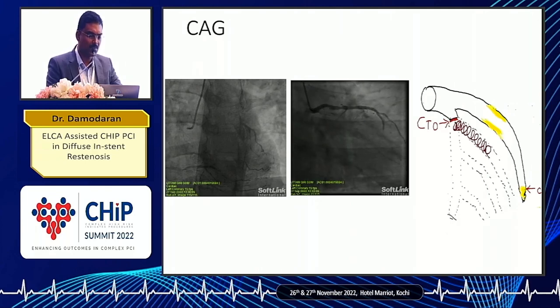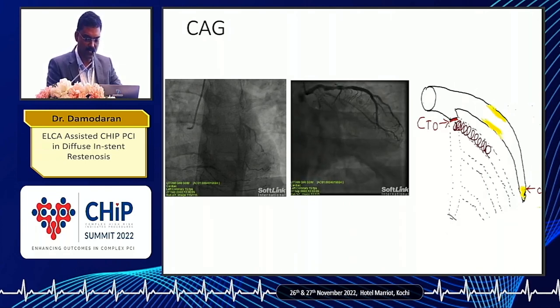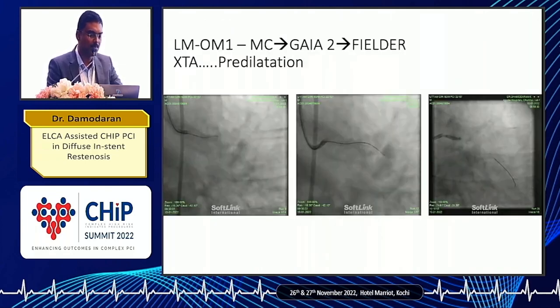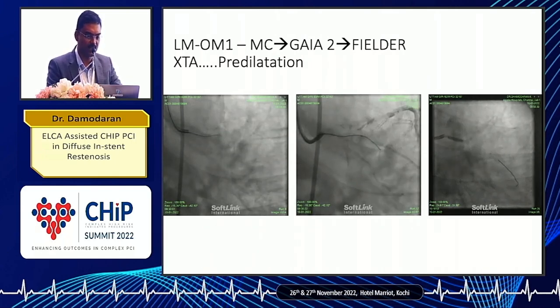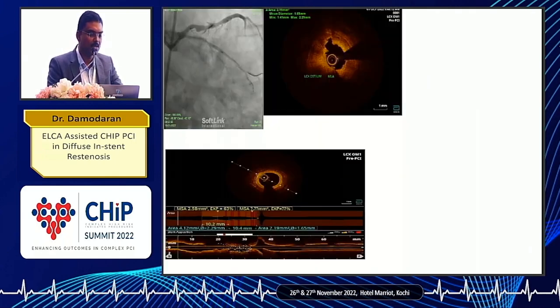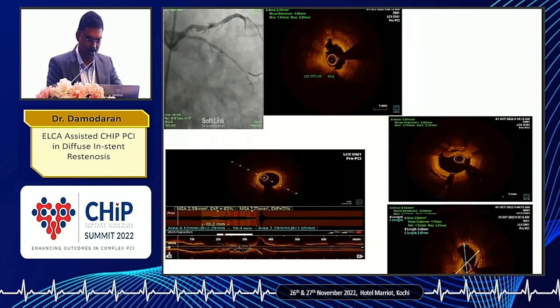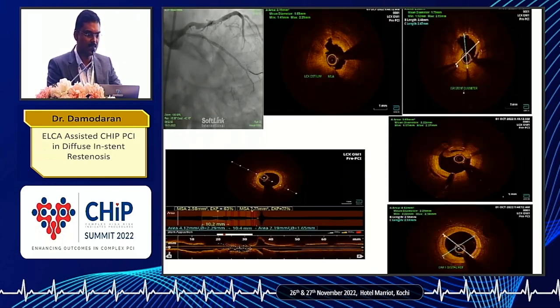So the wiring was initially a bit difficult into the OM, but somehow with escalation, de-escalation, we were able to wire it, and then we dilated to flare the ostium of the proximal strut of the stent so that we can wire the LCX, because there is a big OM too.